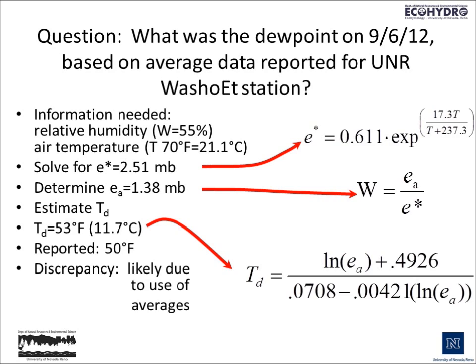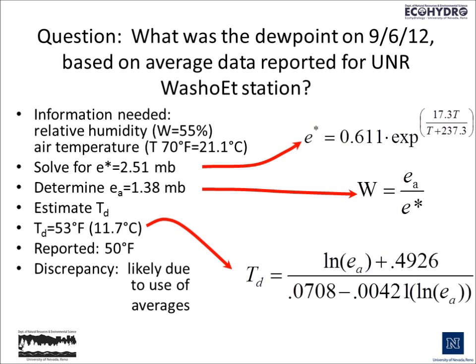And now we estimate the dew point temperature by putting it in this equation, which is the dew point temperature is equal to the natural log of the actual vapor pressure plus this constant 0.4926, all of that divided by 0.0708 minus 0.00421 times the log of, again, the actual vapor pressure.